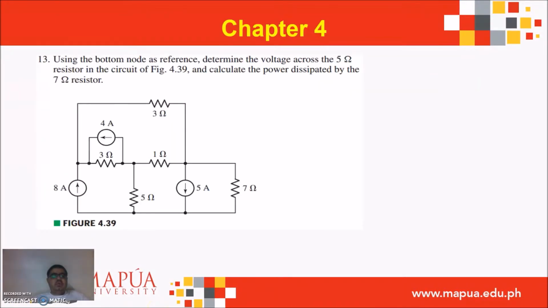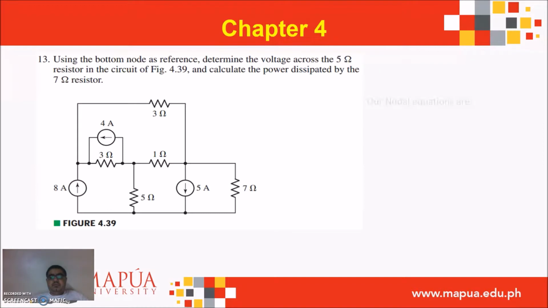Chapter 4, number 13. Using the bottom node as reference, determine the voltage across the 5 ohm resistor in the circuit of figure 4.39 and calculate the power dissipated by the 7 ohm resistor. So we will use here the nodal analysis.